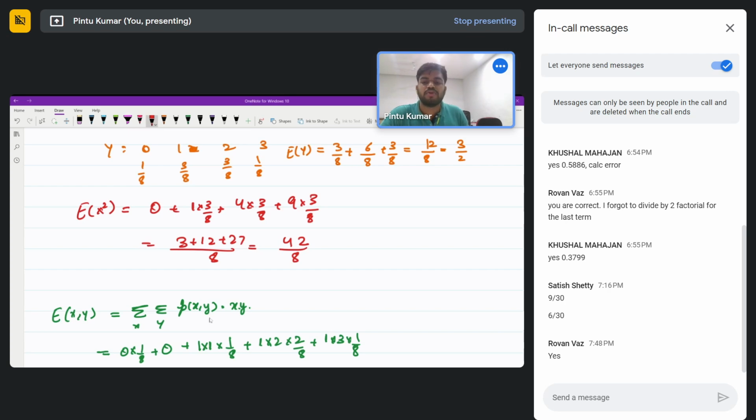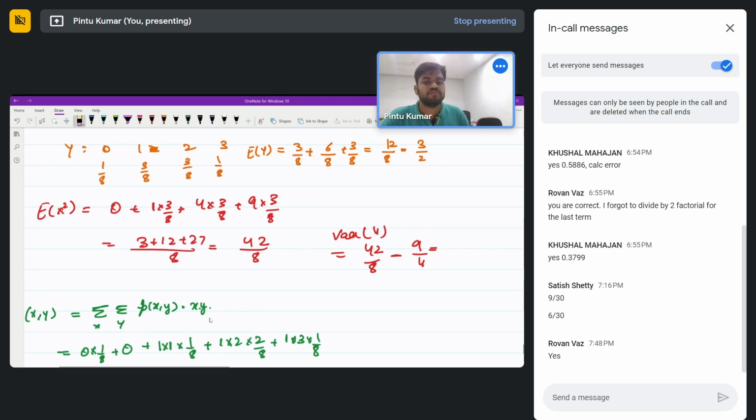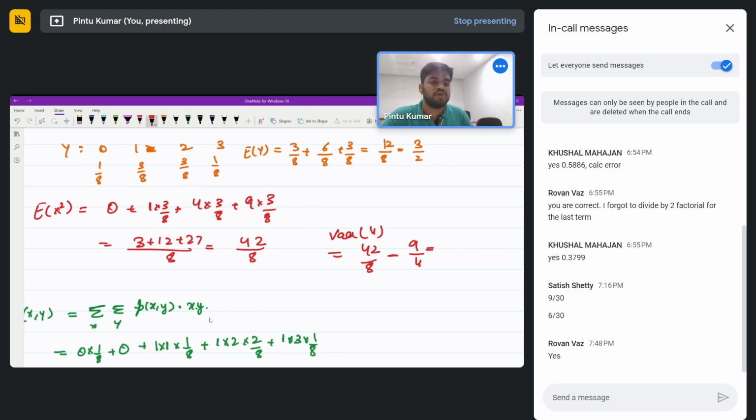So what is my variance of y? This is 42 by 8 minus 9 by 4, which is 42 minus 18 by 8.